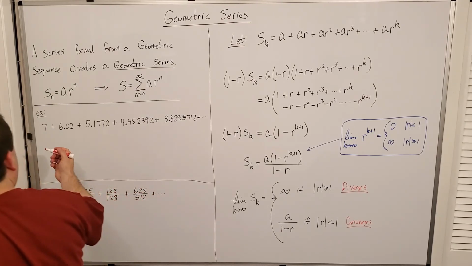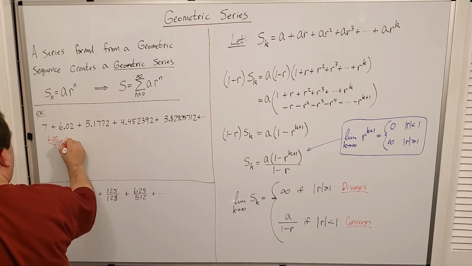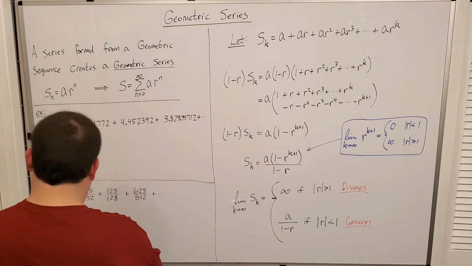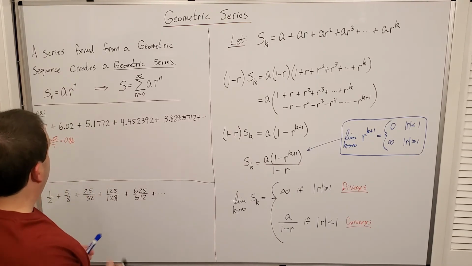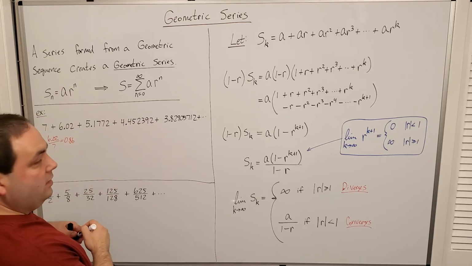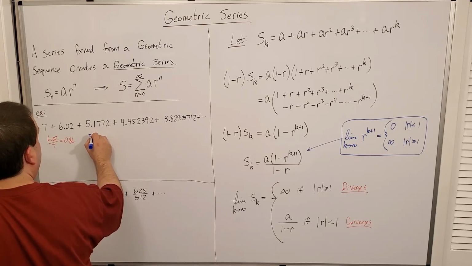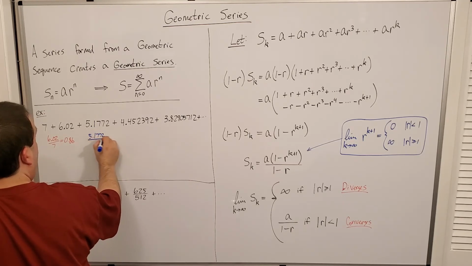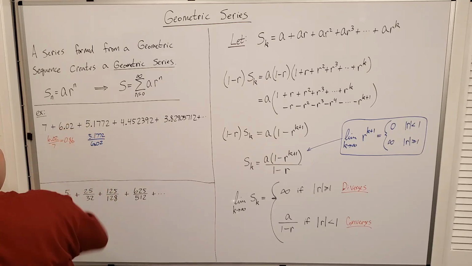So right here I'm noticing 6.02 divided by 7 is 0.86. Next, I'm going to divide the 5.1772 by 6.02, this term by that term.